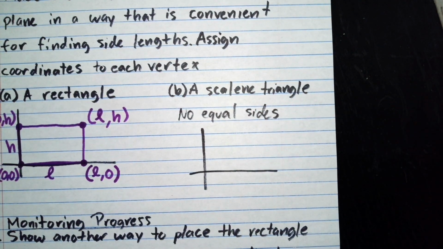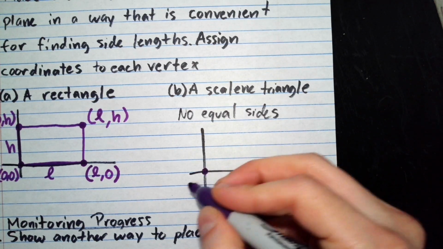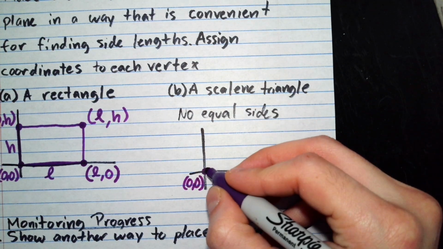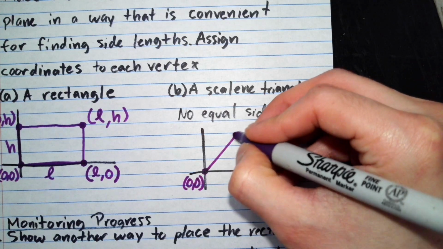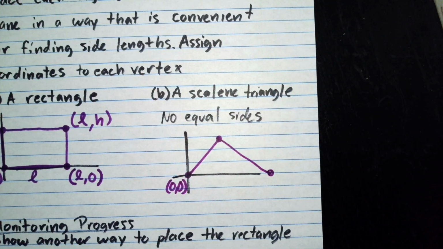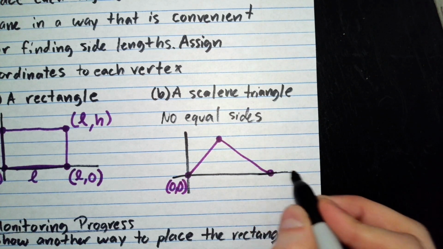Because I want all of my sides to have a different length, I'm just going to mark my first point right here. Then I'm going to make some line over here, and then another long line over here. So we know that none of them measure the same length.